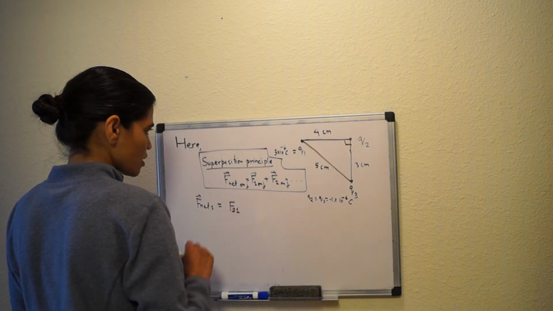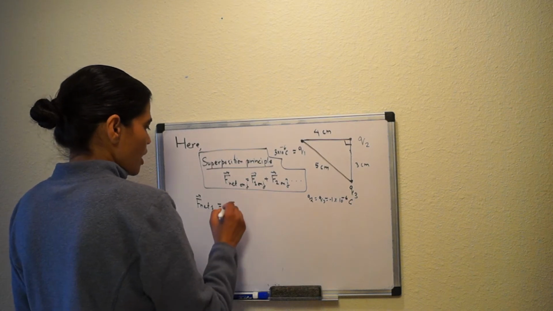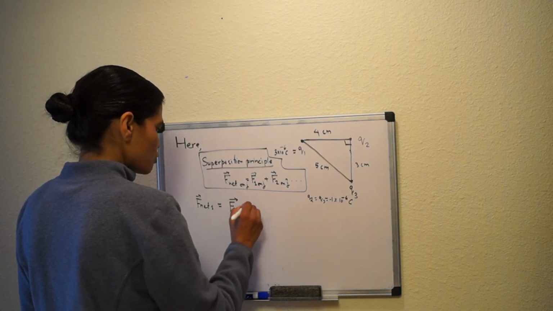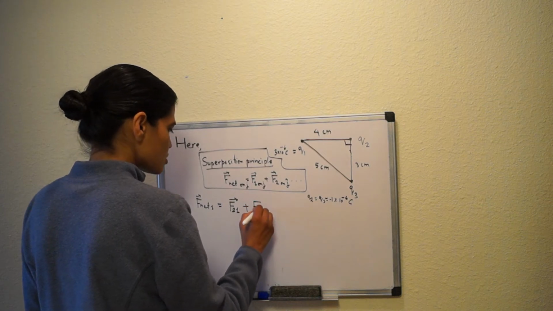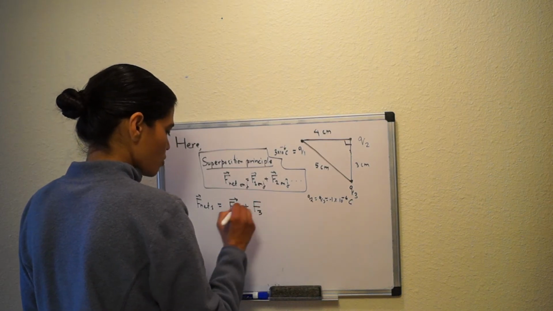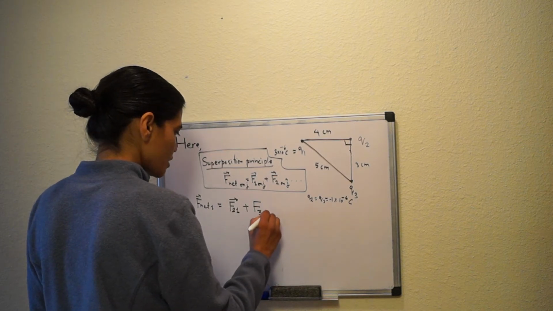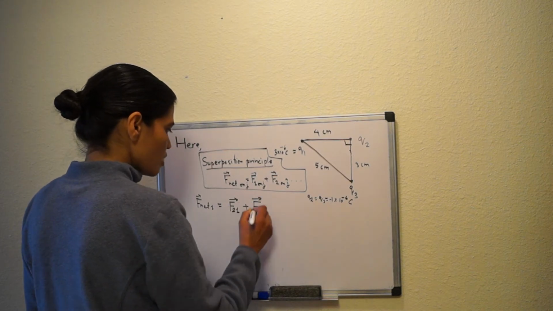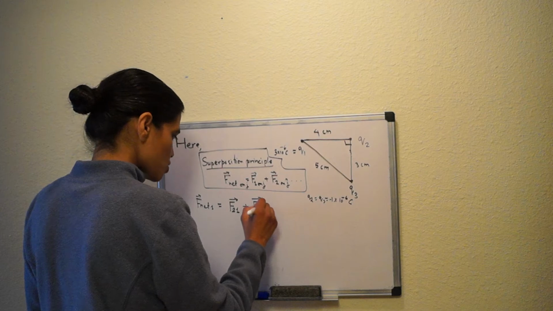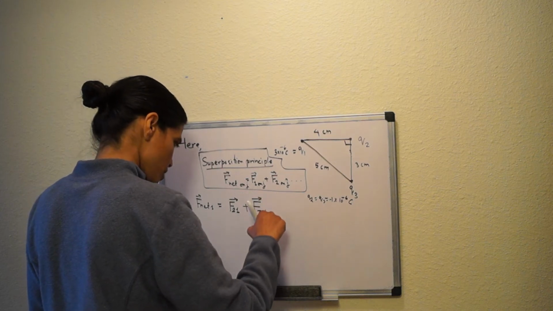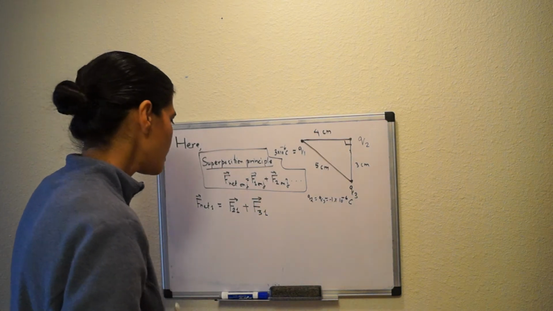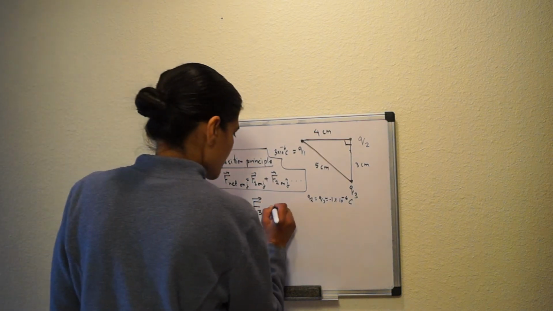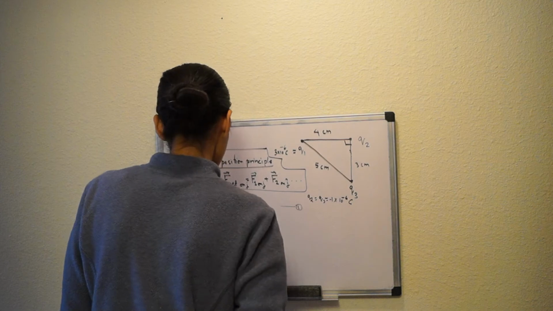This is an important thing to remember. As a vector quantity, F21 plus the force due to the third charge Q3 on charge 1, F31. The charge we are looking at comes last in the subscript. Let's call this our equation 1.